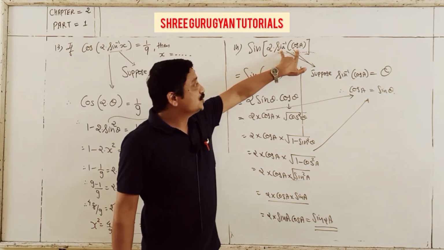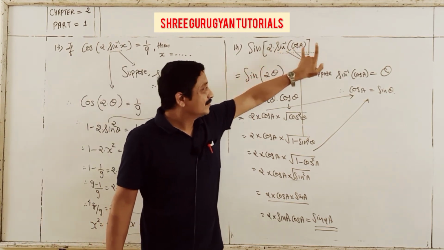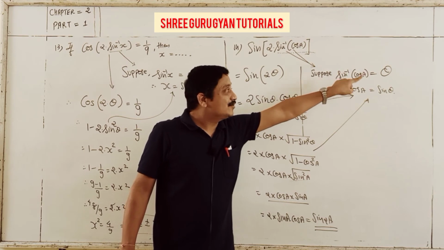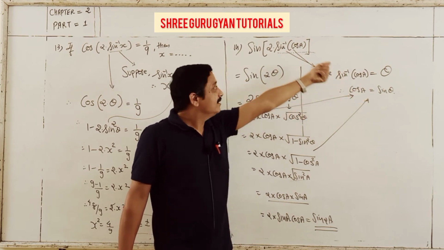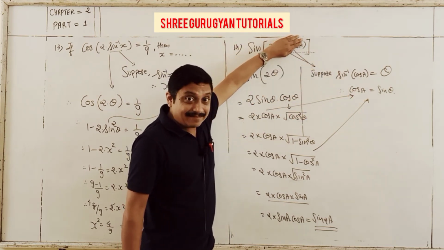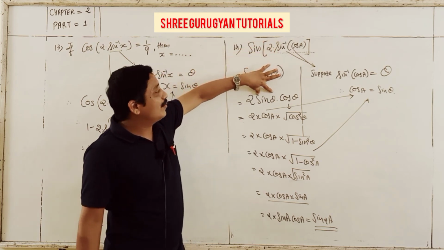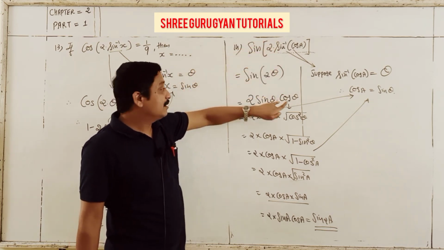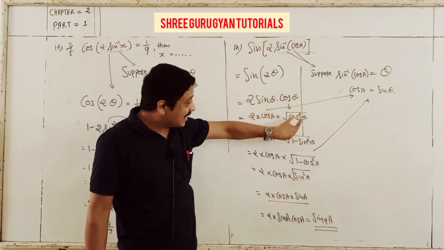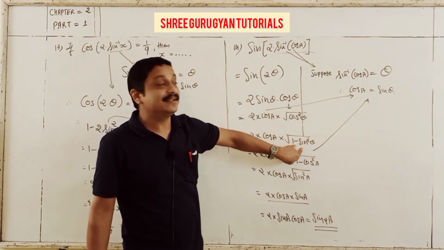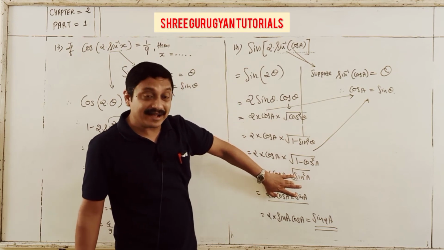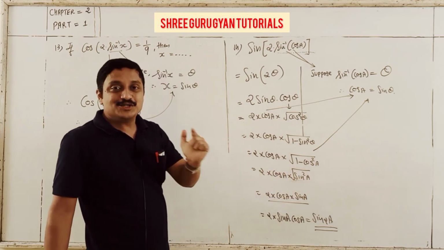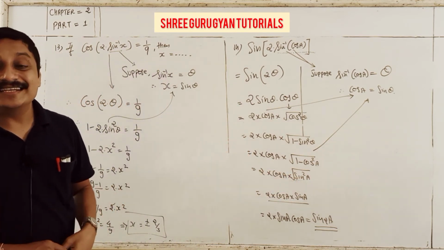Again I repeat and explain this sum. Assume theta, and moving sine inverse to the right side, we get sine theta. Put it here: sine 2 theta, and the sine 2 theta formula I know is 2 sine theta cos theta. Putting cos A, we translate in terms of identity, simplify, and that is the formula 2 sine A cos A, which is sine 2A.